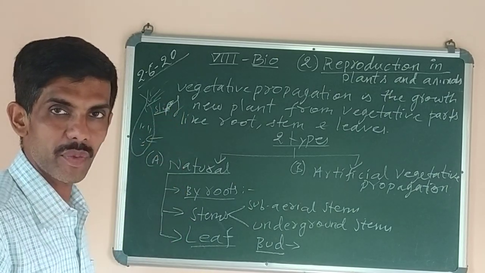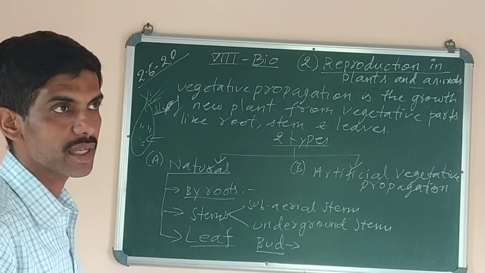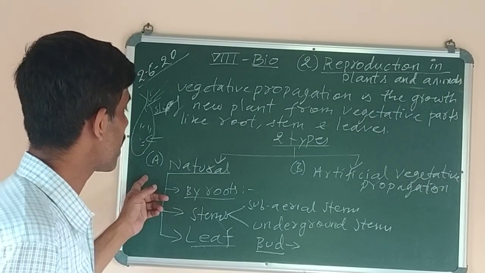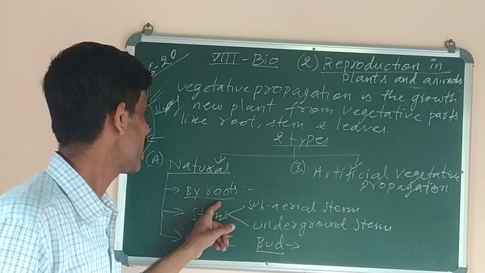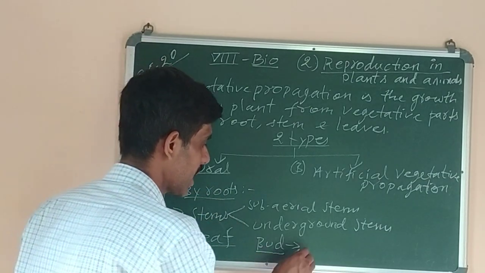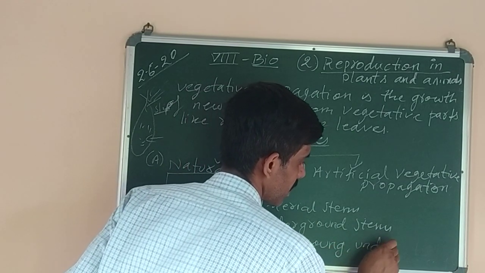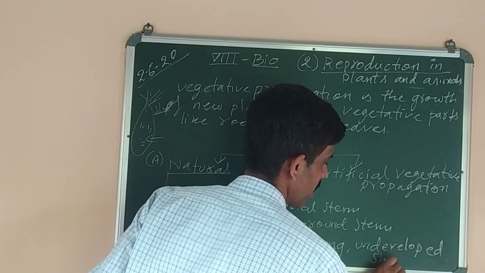They can germinate, they will fall from the parent plant and they can germinate to grow into a new plant. So this method of growth of new plants from the roots of the plant is called natural vegetative propagation by roots. So what is a bud I have said? Young undeveloped shoot.